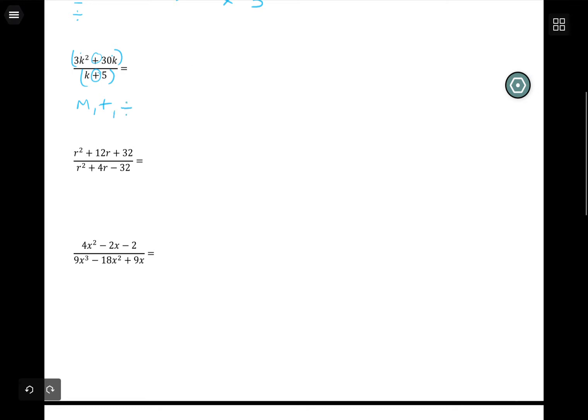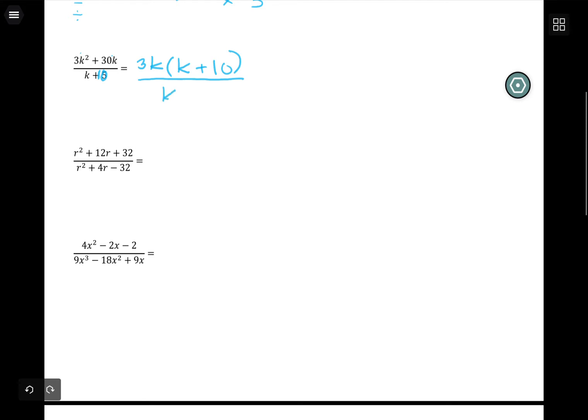So again, we need to factor to rewrite the top and bottom as products. So the top, we can factor out a 3k, and that leaves us with a k plus, oh, what did I do? I wrote a bad problem. Okay, we're going to pretend this was a 10 from the beginning. Sorry.